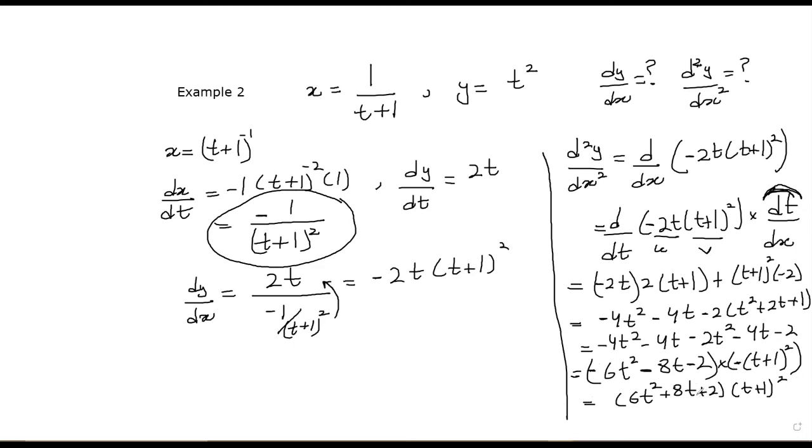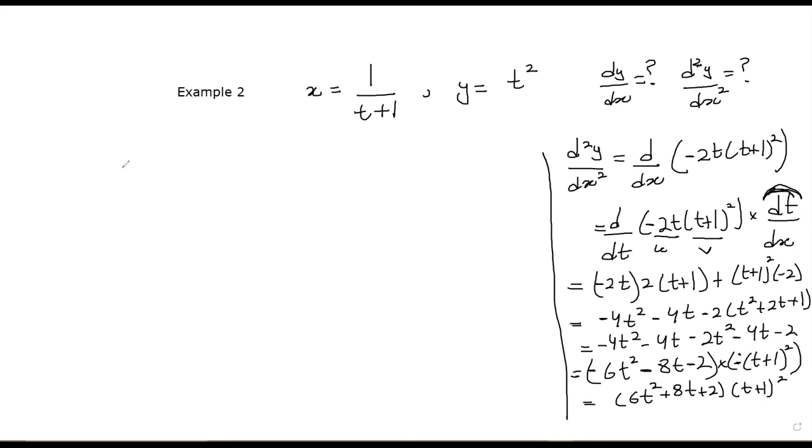Now how was I able to come to this expression from this? I took the minus common from here, and we already have a minus over here, and two minuses together become a plus. So the minus got cancelled.